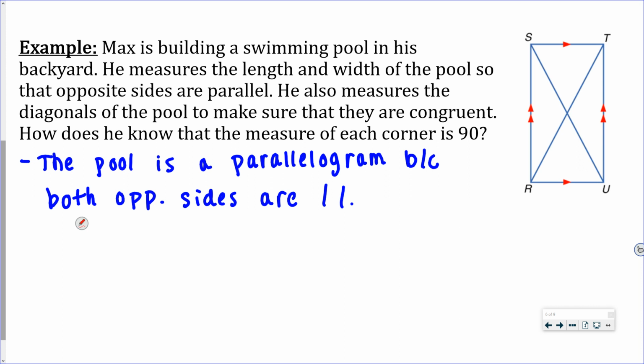So now to answer his question, would each of these corners be 90 degrees? Yeah. Why? Because they're all parallel. Yeah, but in a parallelogram, I could have something that looks like that, and these aren't 90 degrees.